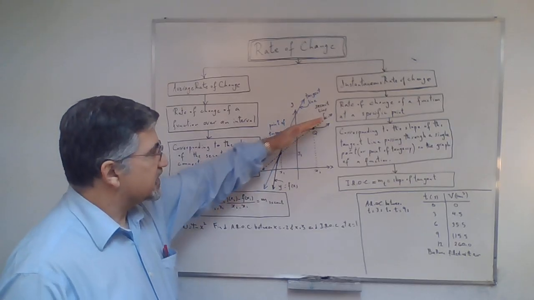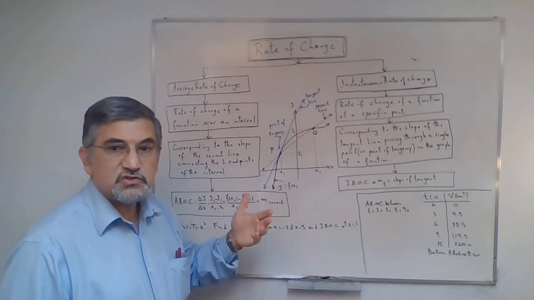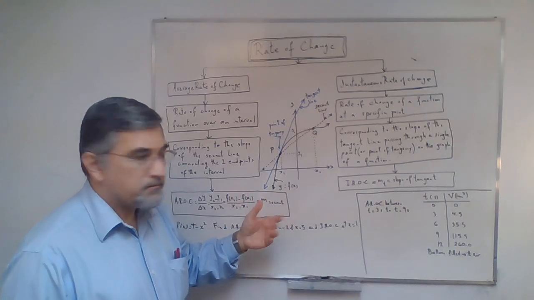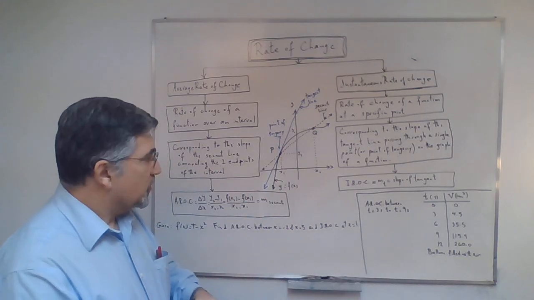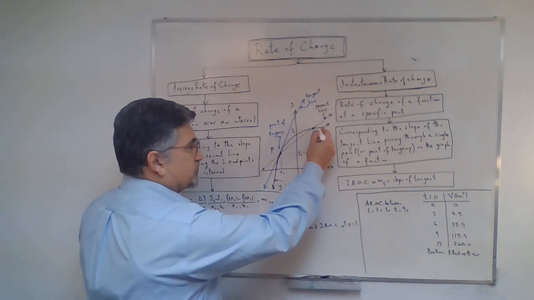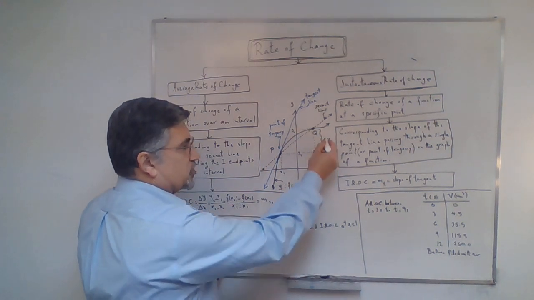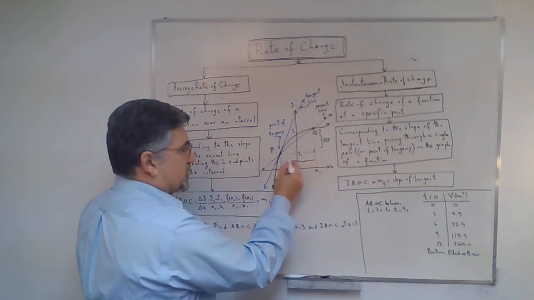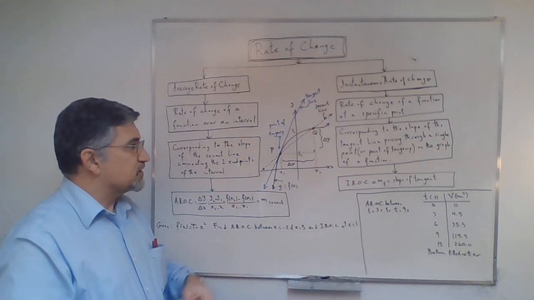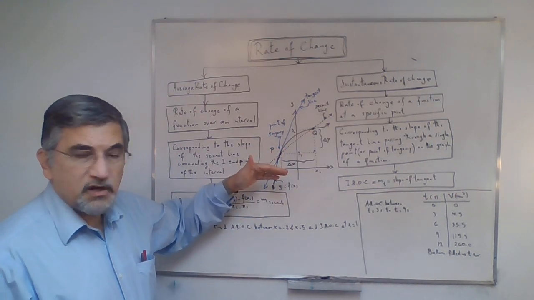And this secant line, of course, has a slope, and the slope is always found by finding rise over run. So the rise here would be the amount of change in y. So this would be delta y, or change in y, and this distance here would be delta x, or change in x. And we know that the slope of any line is rise over run.